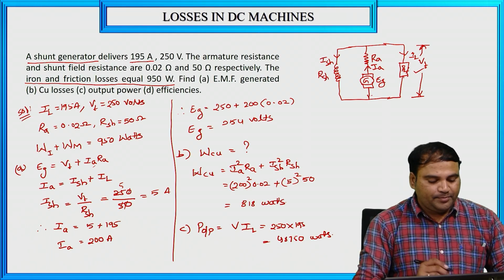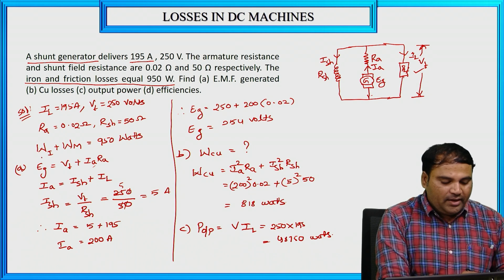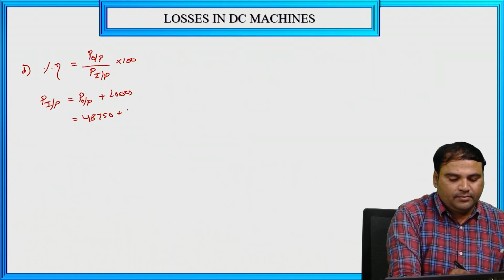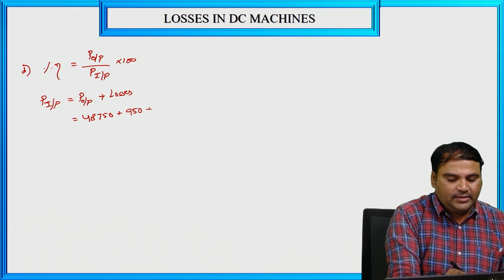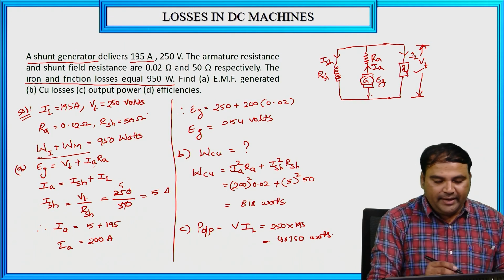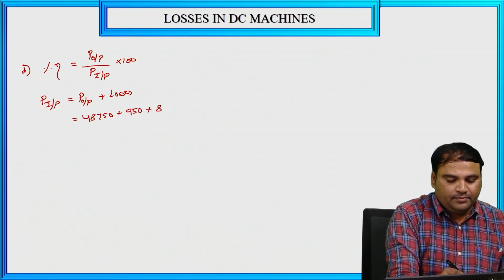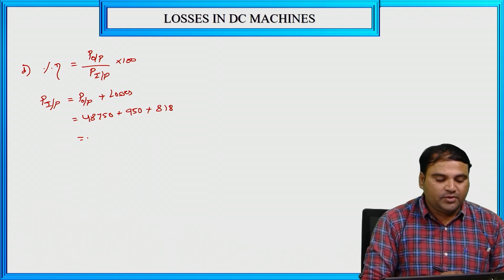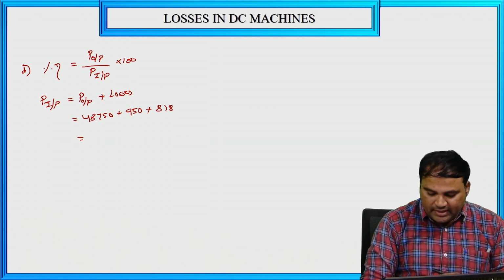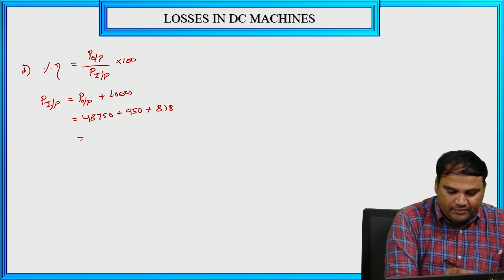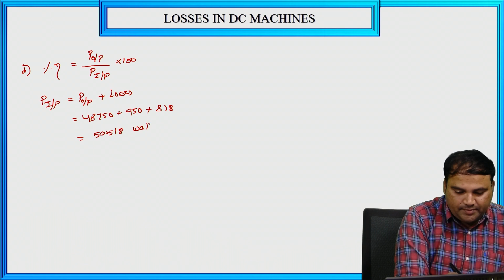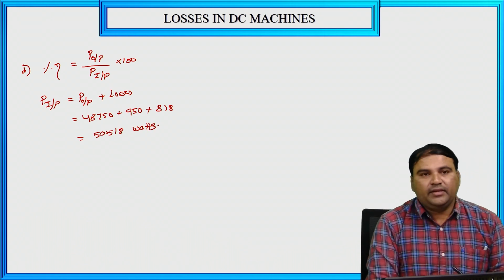Iron and mechanical losses are 950 plus copper losses 818. Solving, 48750 plus 950 plus 818, we get 50,518 watts as the input power.